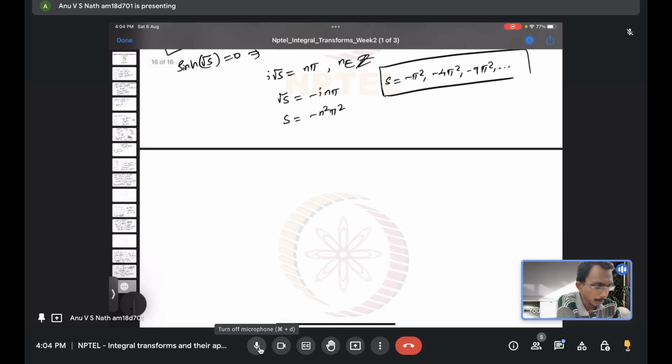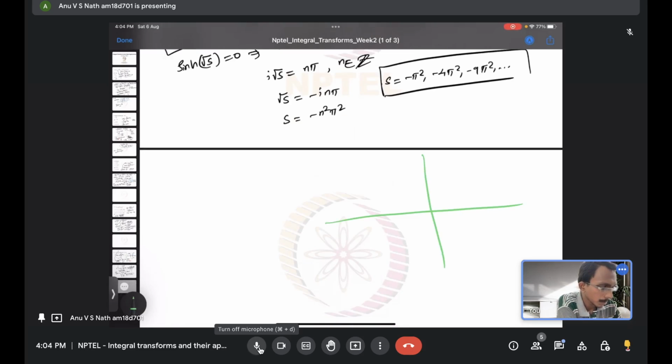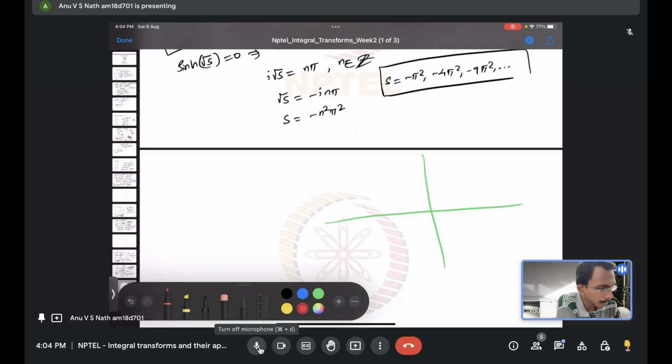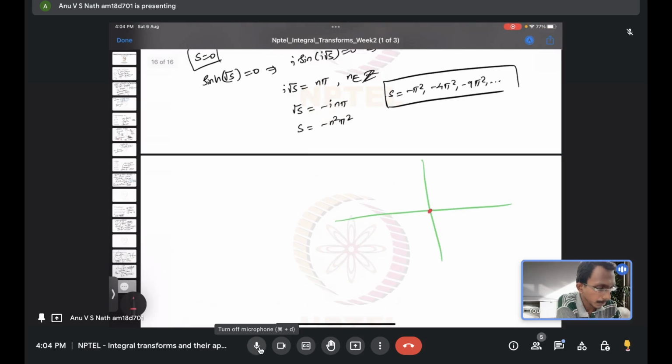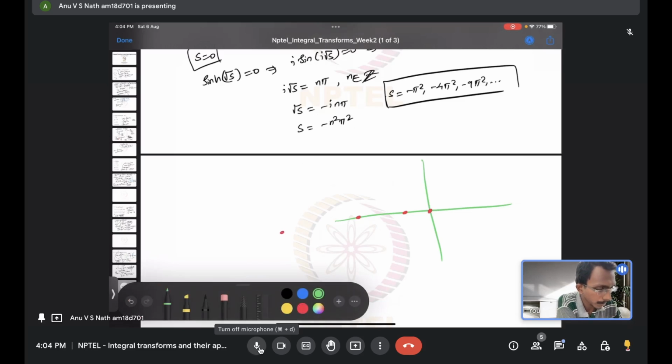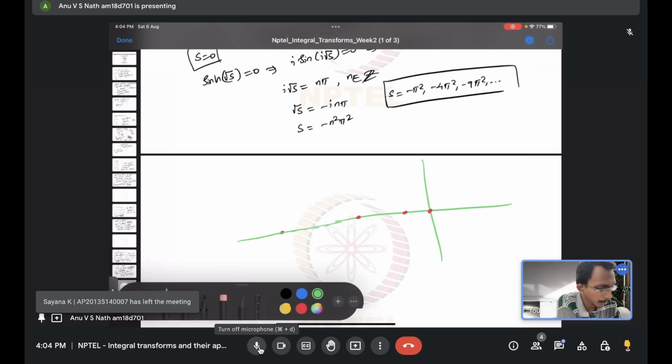So if you plot the contour, let's say we have one singular point at 0, another at -π², another at -4π², another at -9π². So they are all separated in a square-wise manner.